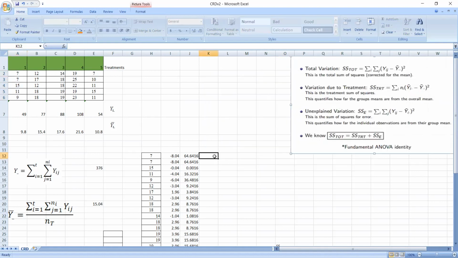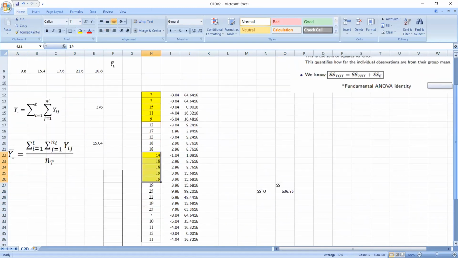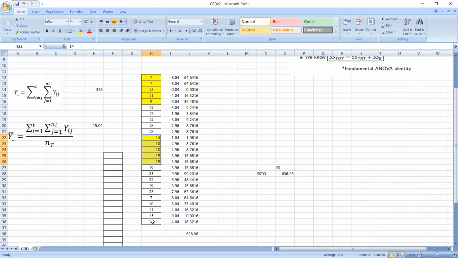So let's do that. I'm going to just color these. These are the first 5 observations, and then here we have the next 5 observations, and this is the third treatment, and then we have the 4th one, and again we have the 5th treatment, right?